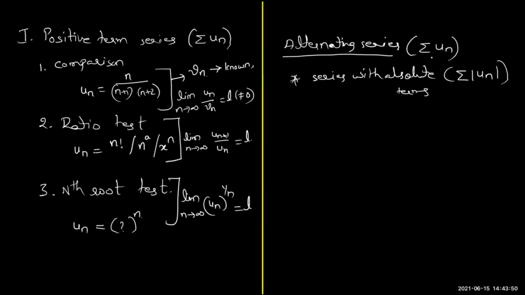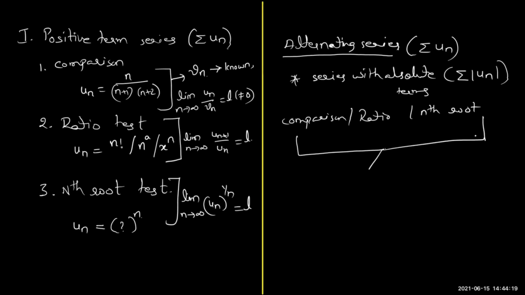Though some of the terms in the given series are negative, we still take them as positive. After identifying this positive term series, summation mod u(n), again using either of these three tests, comparison test, ratio test, or the nth root test, we will decide whether it is convergent or divergent.